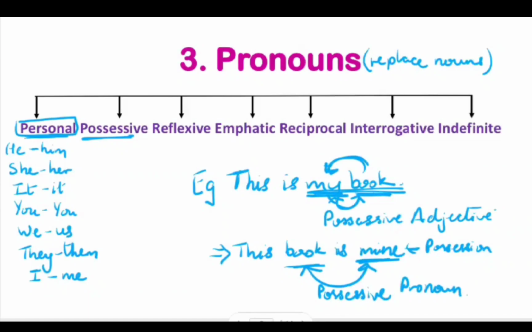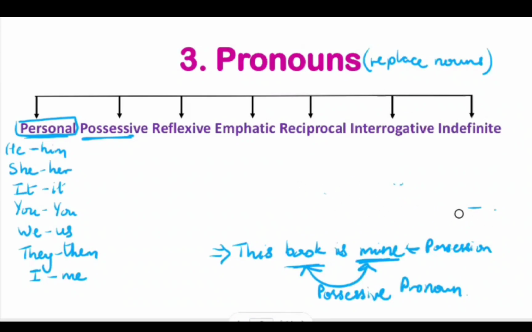Okay, so now let's take this example as the base to understand the list of possessive pronouns. So first one, "this book is his". See, if the word "his" lay next to the word book, "this is his book", the moment I say "his book", the noun and the possessive word are lying right beside each other.